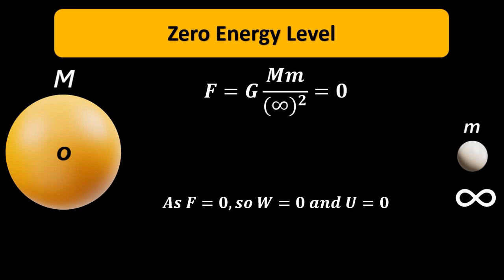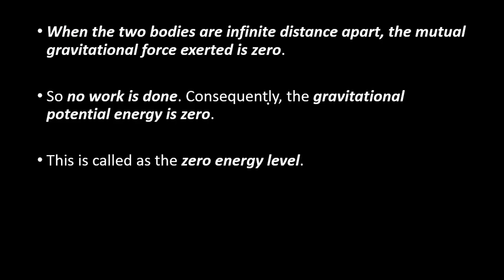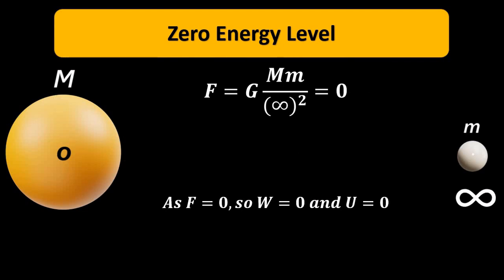As a result, the mutual gravitational force is 0, so no work is done, and consequently the gravitational potential energy of this two mass system is 0 when the object is at far away distance, at infinite separation. This is called the zero energy level.